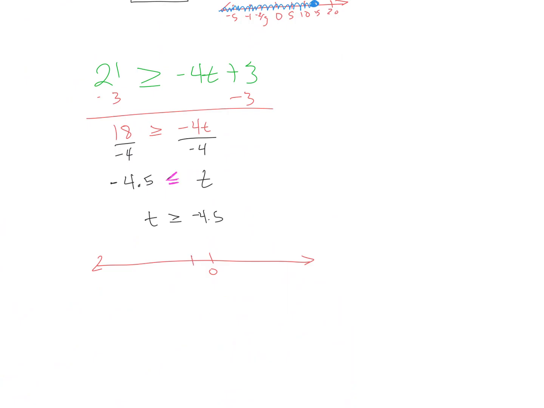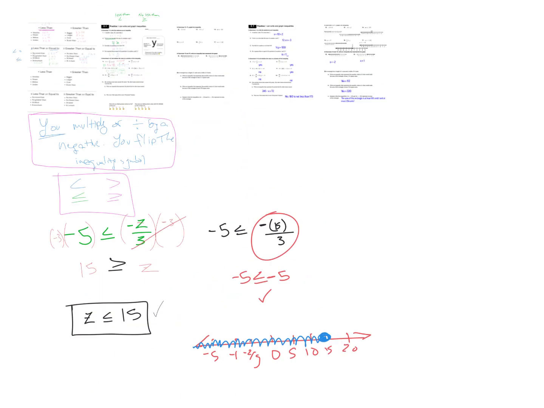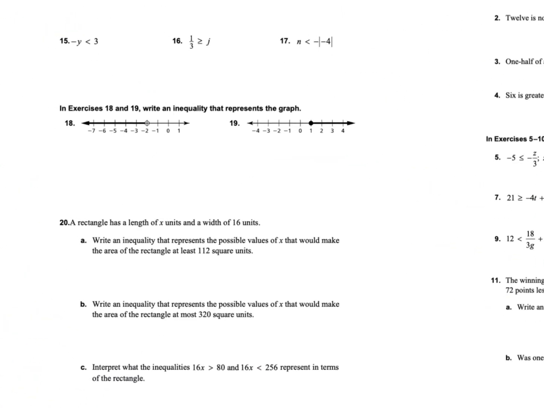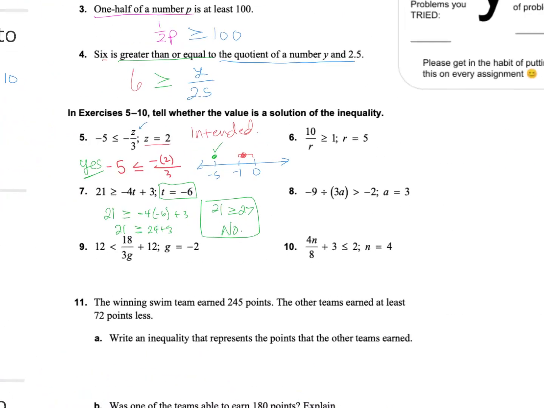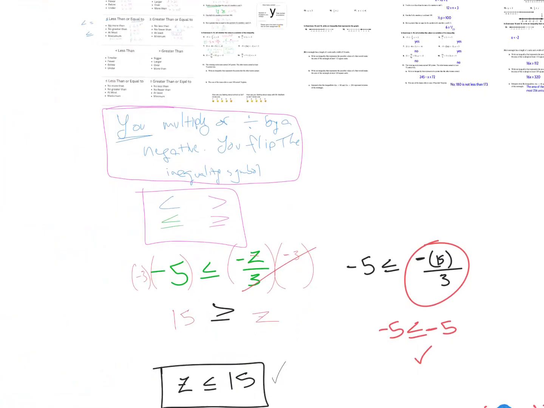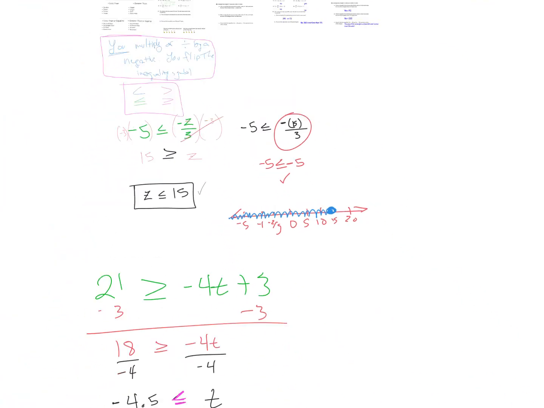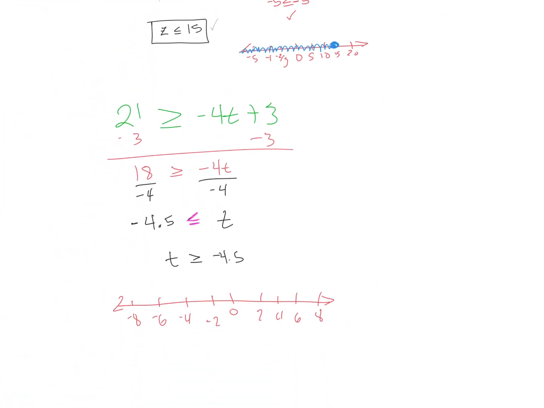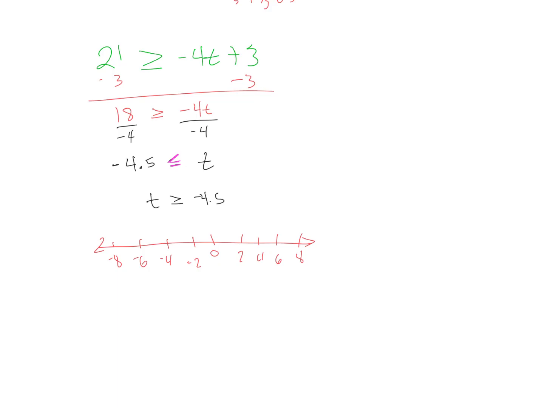Okay, so let's count by 2s. 2, 4, 6, 8. Okay, so what we said a second ago was that -6 didn't work, right? So over here, -6 did not work, right?